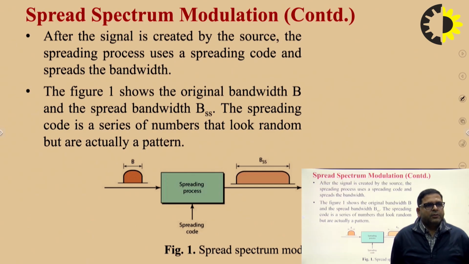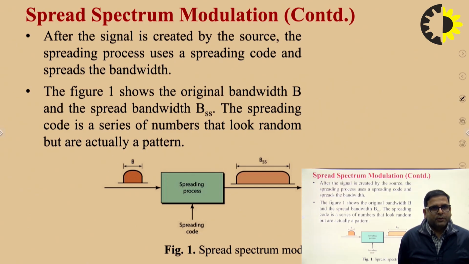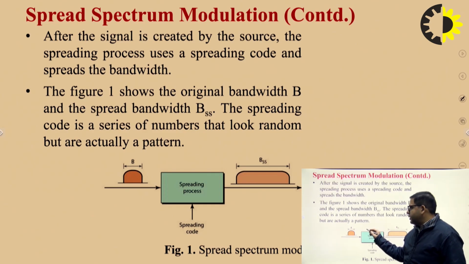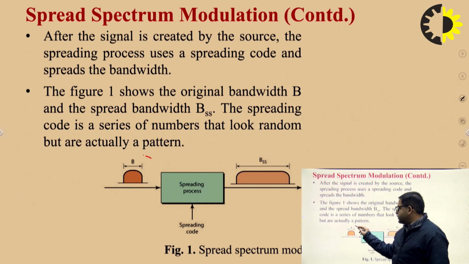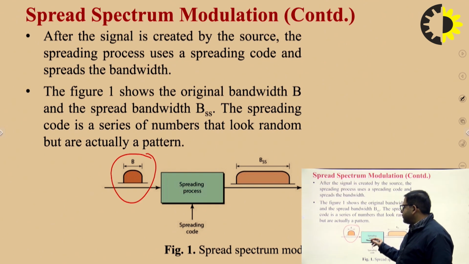In this modulation scheme, we expand the bandwidth of the original information by just using spreading codes, as shown in this figure. As we can see, this is the required minimum bandwidth which we have to transmit using the spread spectrum modulation technique.